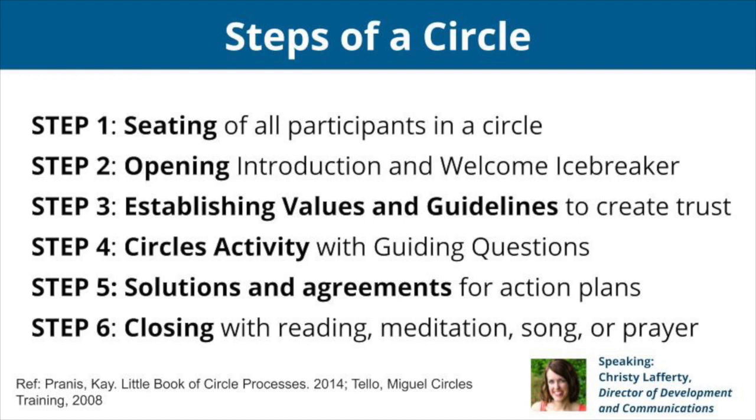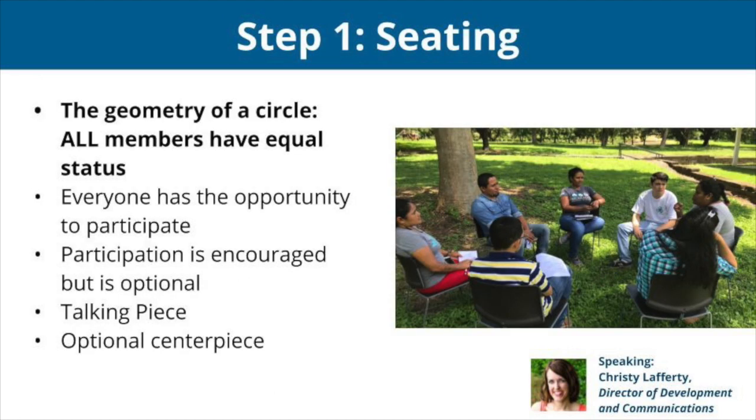The piece of what is a circle, Gabriella already addressed it, but we're talking about a physical space. And I know Dr. Laura and Dr. David, as some people who have trained a lot of us, and Miguel Tello, who's been sort of our master trainer, say there really is something important about the physical space and seating arrangement. Sometimes if you are just getting a group of people into a circle to talk randomly, a lot of times people will just pull up a chair and it will be kind of an oblong oval.